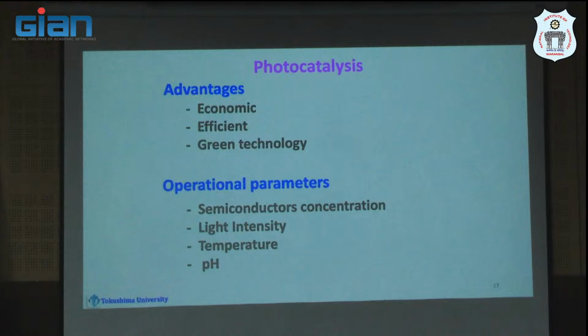We are dealing with water, so temperature is important. And pH also. pH can also decide the photocatalytic performance. So while doing this process, we need to consider these 4 parameters while deciding the performance of the photocatalyst.